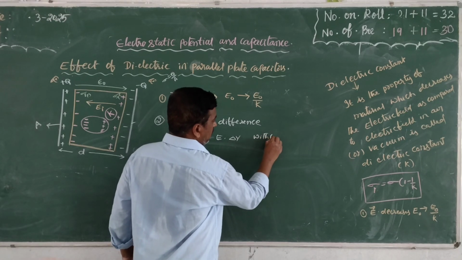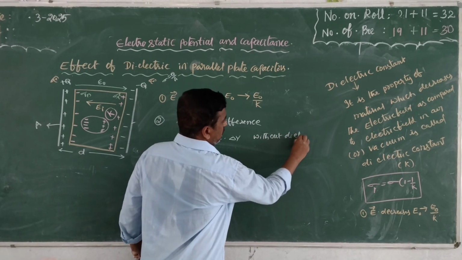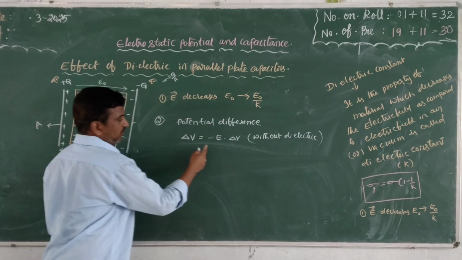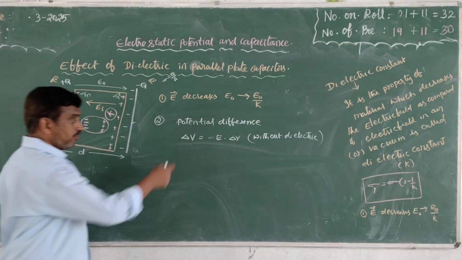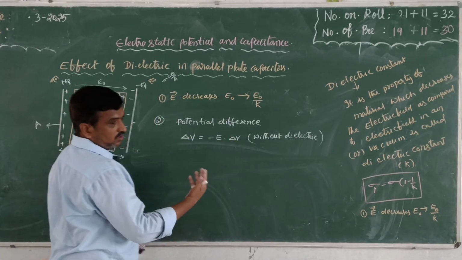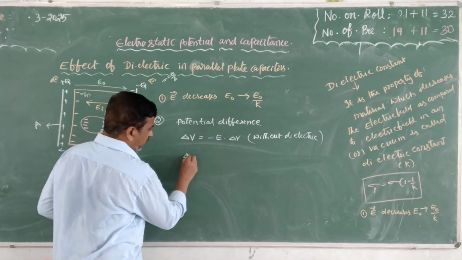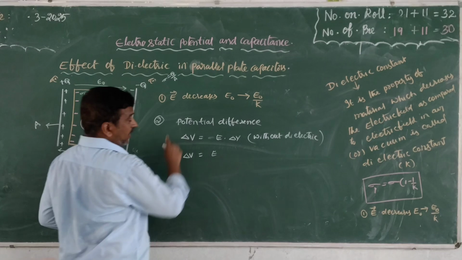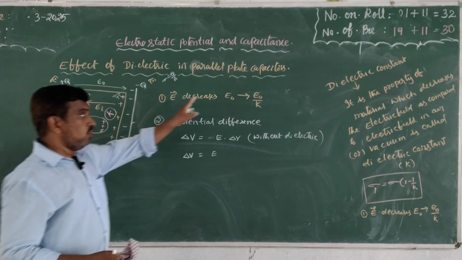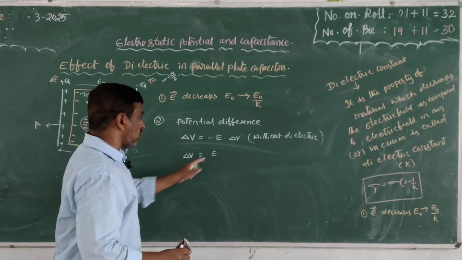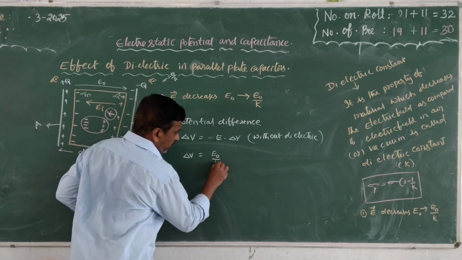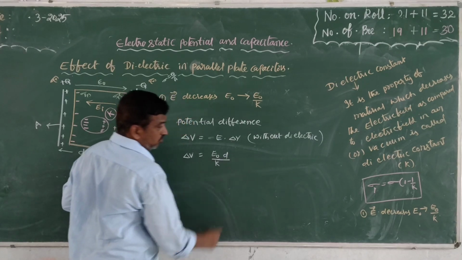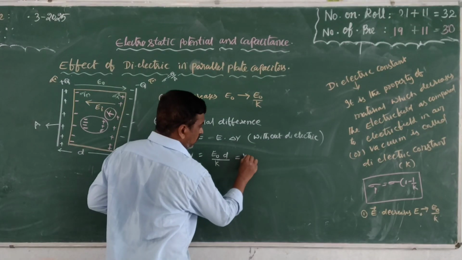Without dielectric, delta V equals E times delta R, where delta V is the change in potential and delta R is the distance between the plates. When the dielectric is placed, E naught changes to E naught by K, so instead of E we write E naught by K, and with distance D it is E naught D by K, which means V naught by K.